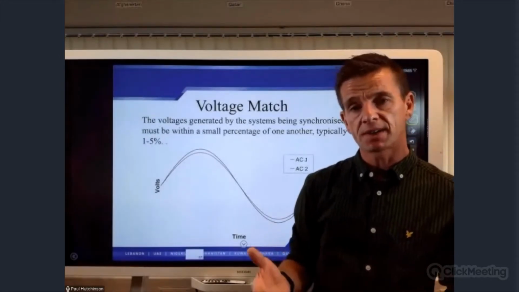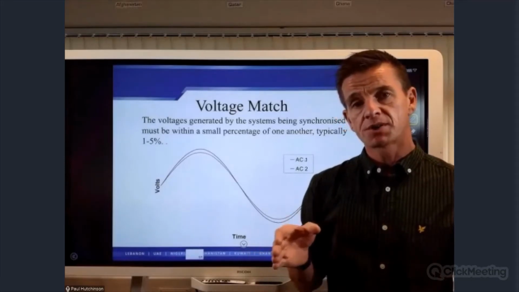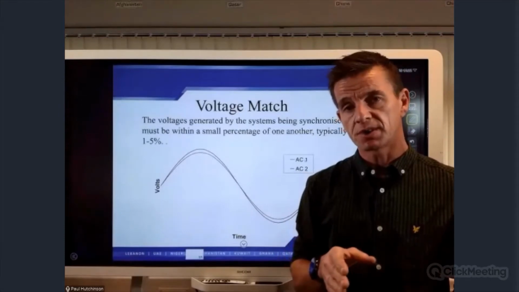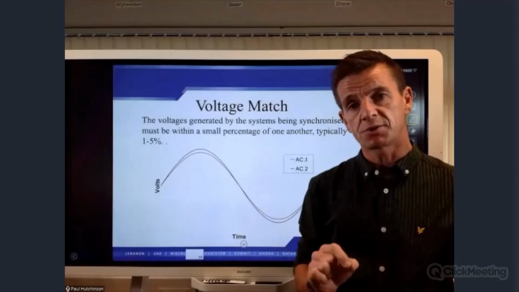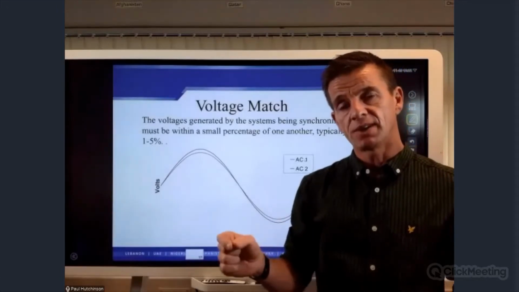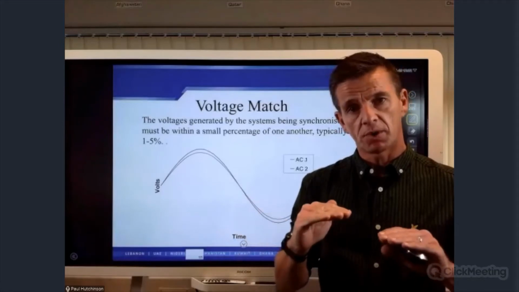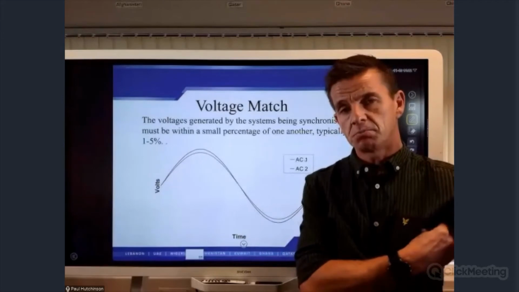They must be exact. Because remember, how good the system works is only as good as the person who commissioned it. So the voltage is one of those that has to be exactly the same on each set. And then the synchronizer panel only has a small adjustment to do when it's trying to synchronize, and it will synchronize much faster.